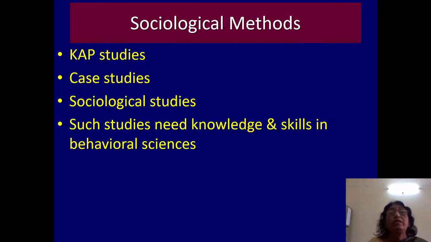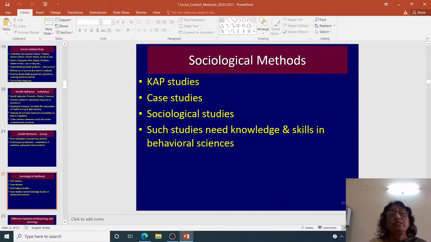What are the different methods used to study the social factors in humans? One is the KAP study. KAP study is knowledge, attitude, and practices, and the case studies. Usually we take a case and then we make a study. Then the sociological studies. Such studies need knowledge and skills in social sciences, behavioral sciences.